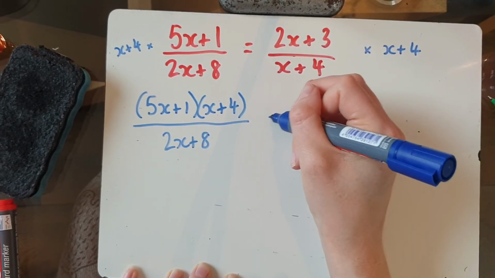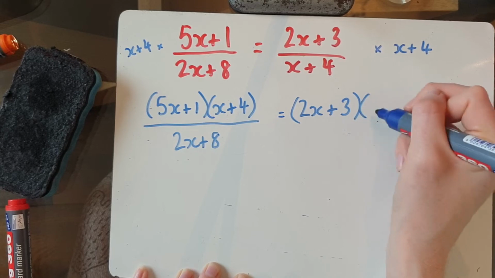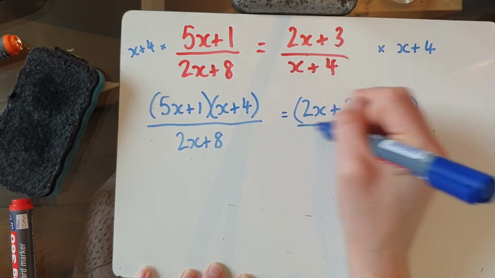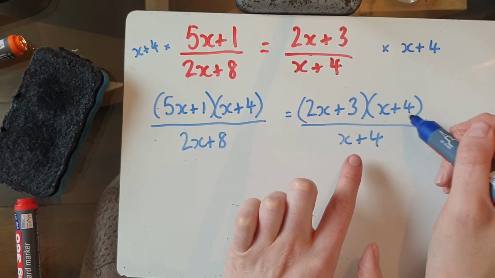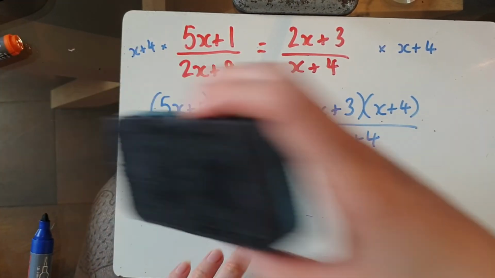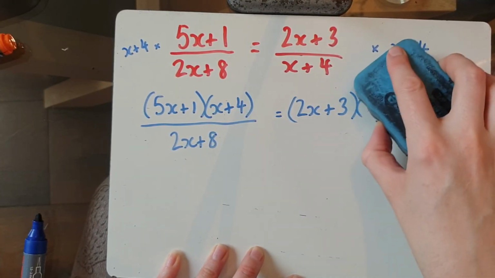And on this side I'll have 2x plus 3 times x plus 4 over x plus 4. Well, these will just cancel. I can divide that x plus 4 by that other x plus 4. So I'm left with this.